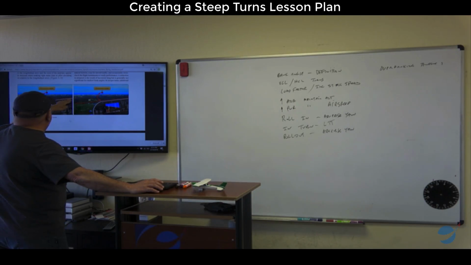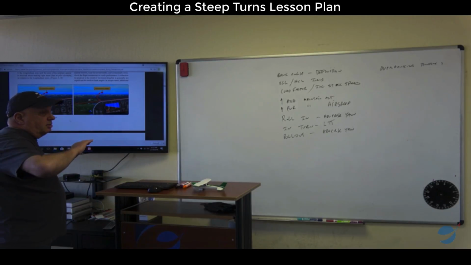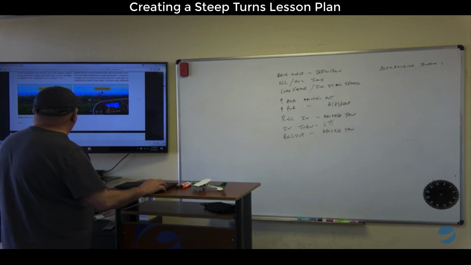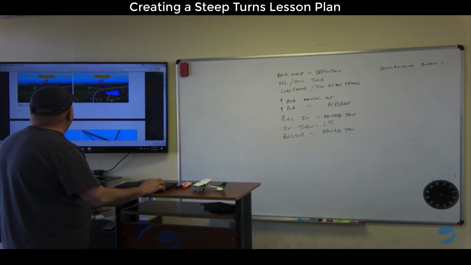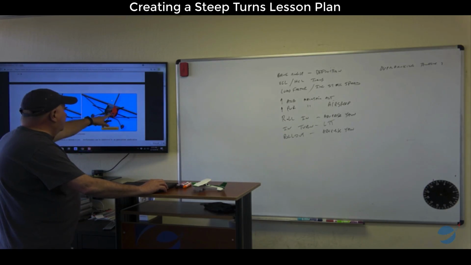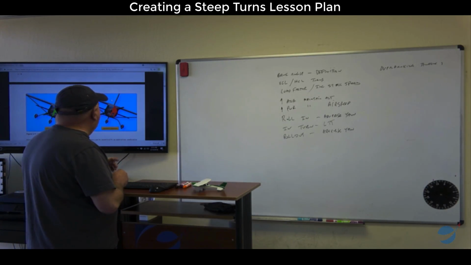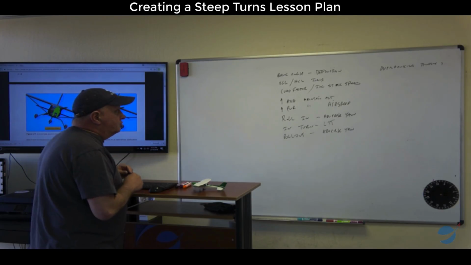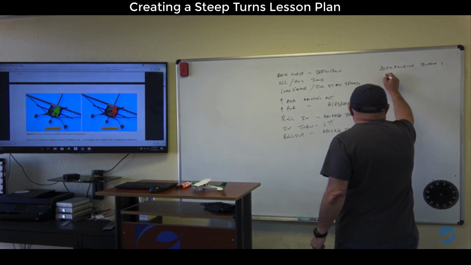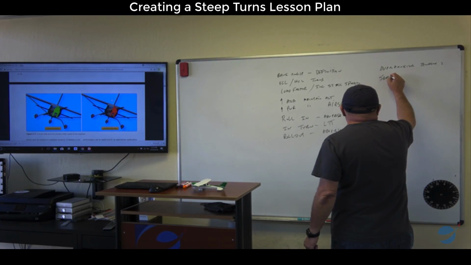There's the horizon, there's the relatively flat part of the top of the dash, and the cowling, if you can see that. So that's how you can measure the bank angle. You should be seated in your seat, and you should not be trying to lean into or away from the turn. So from here, we want to just say seating position, or seating posture.